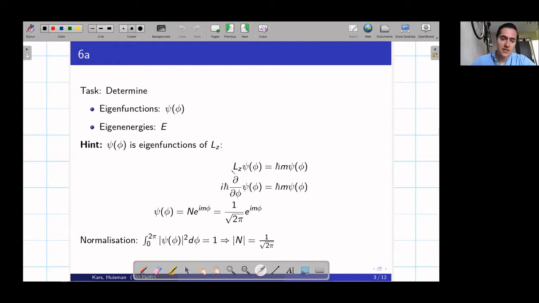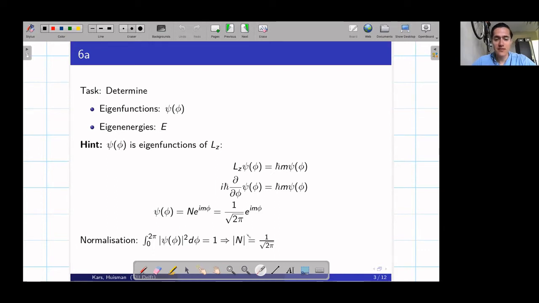Now you can replace Lz by its operator form, so you have minus i h bar d by d phi, and you can solve this differential equation. And you'll find that it's just some normalization factor times e to the i m phi.